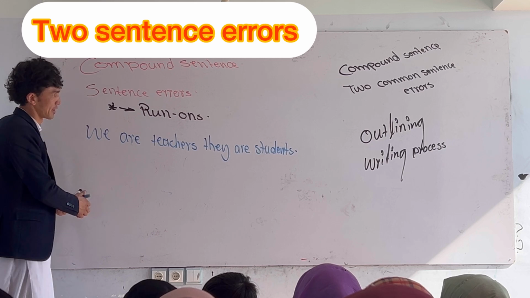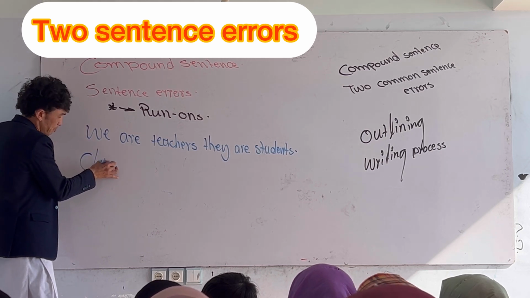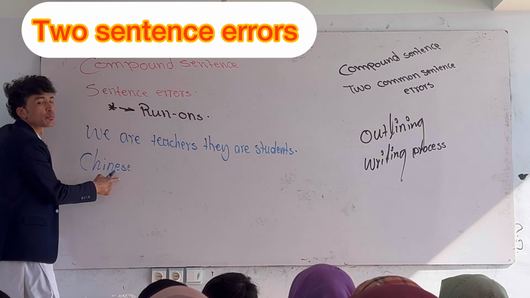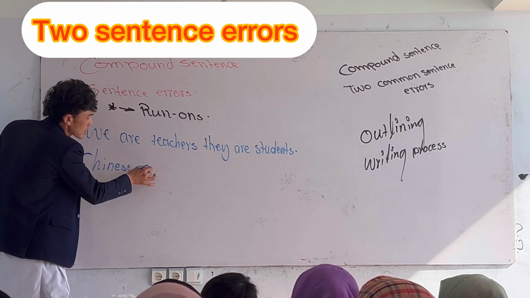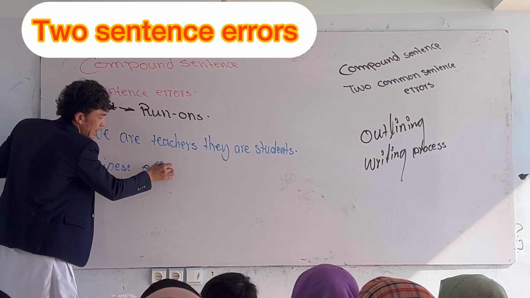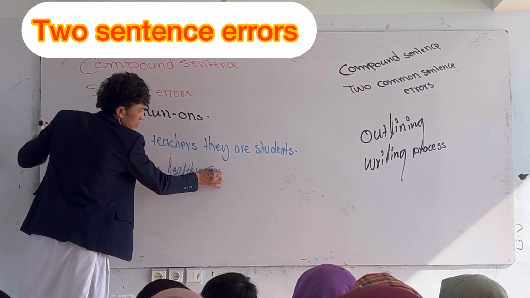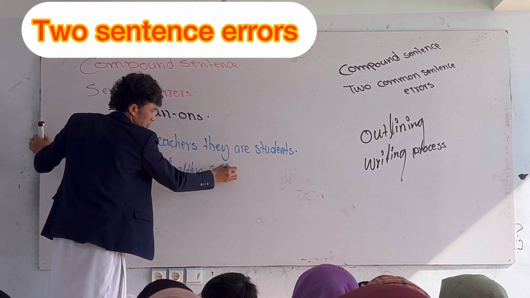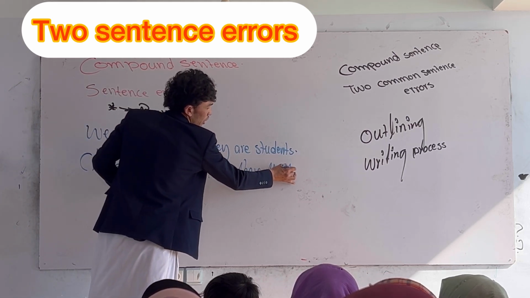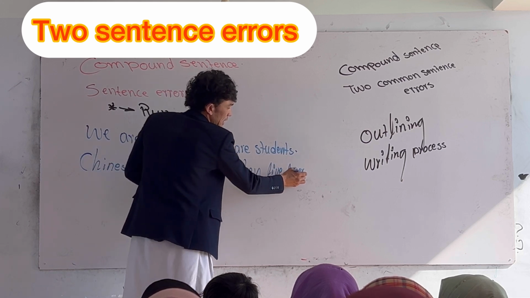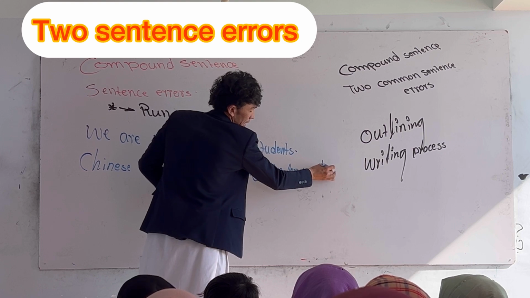You understood? Let's go with the next. Somebody says, Chinese refer to people. Chinese eat healthy food. Do you know healthy? Healthy food. They live longer than others. You got it?